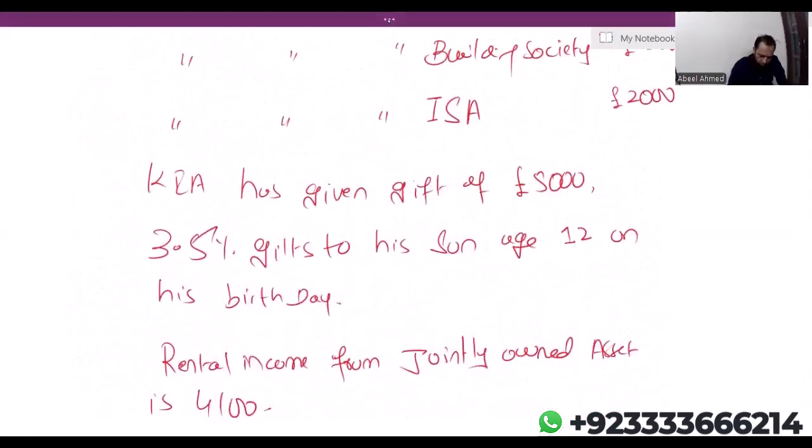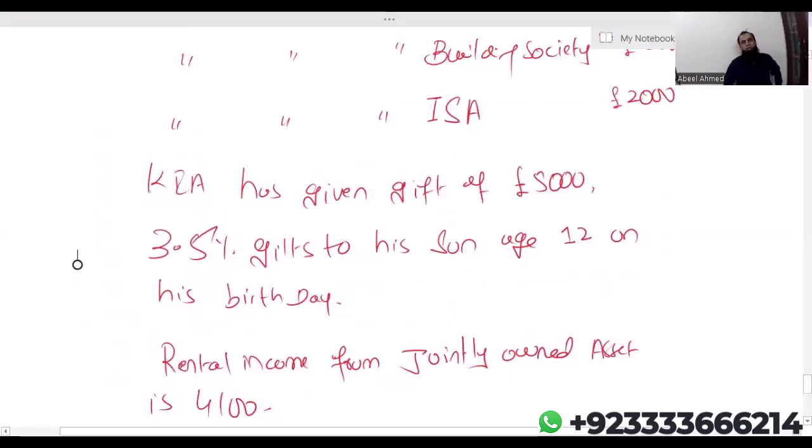Now, look at this. HMRC says if income of a child is a result of a gift from the parents, and if that gift is generating income more than 100 pound, then that income belongs to the person who has given the gift. Kia has given a gift of 5,000 pounds. So 5,000 pound is not the income, okay? That 5,000 pound is just like debentures. They are generating income. That gift is not an income. The main thing is 5,000 pound at 3.5% interest. It is generating the interest 3.5%. Now listen.